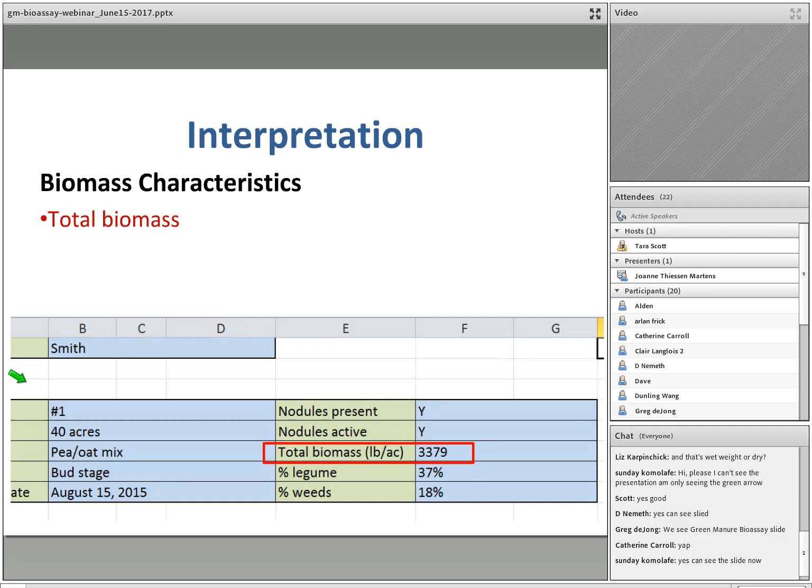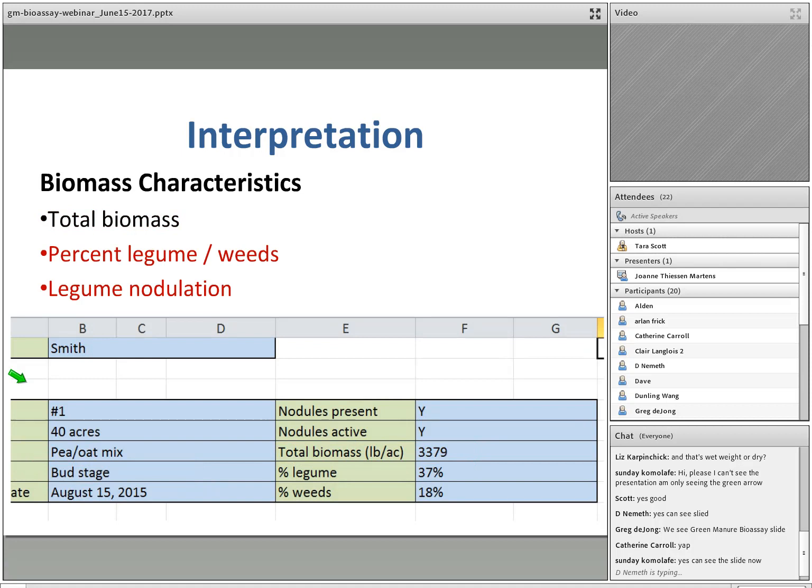This amount of 33, or basically 3,400 pounds per acre, is kind of on the low side from what I would expect, but we also see that this crop was only in the bud stage and was being terminated early for whatever reason. And so that provides some information that would indicate that it's perhaps not a fertility problem that's causing low biomass, but just that the crop was in the early stages of growth.